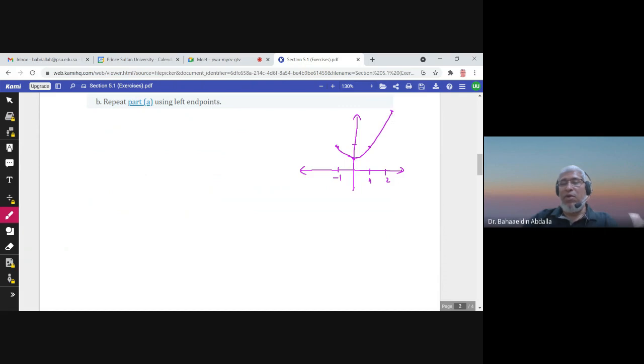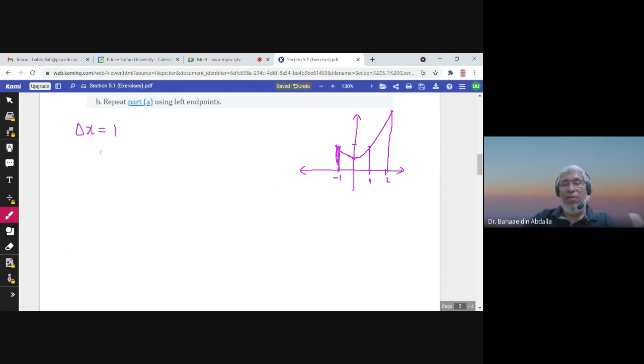Okay. And we have these three strips if we are going to use three rectangles. Delta x is not going to change. It is 1 in this case, 2 plus 1 over 3. So it's still 1.